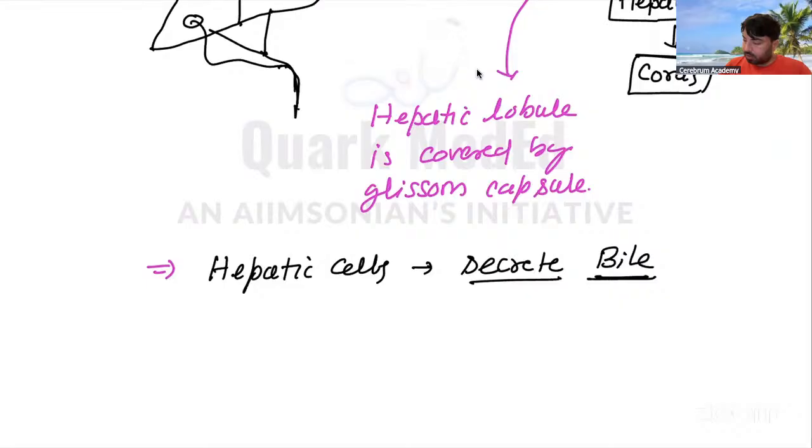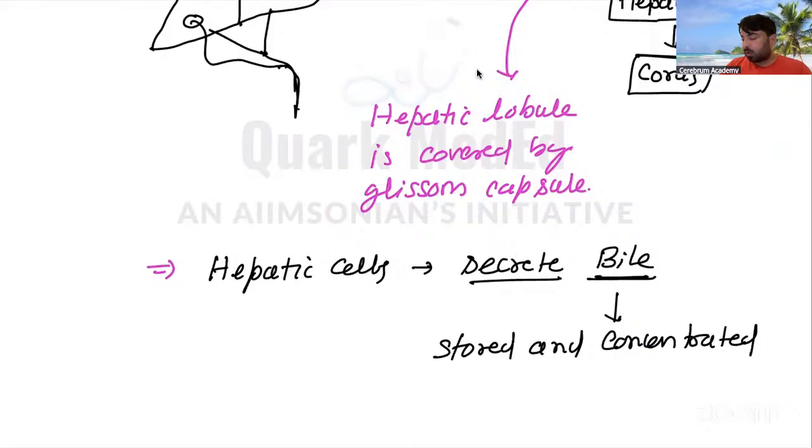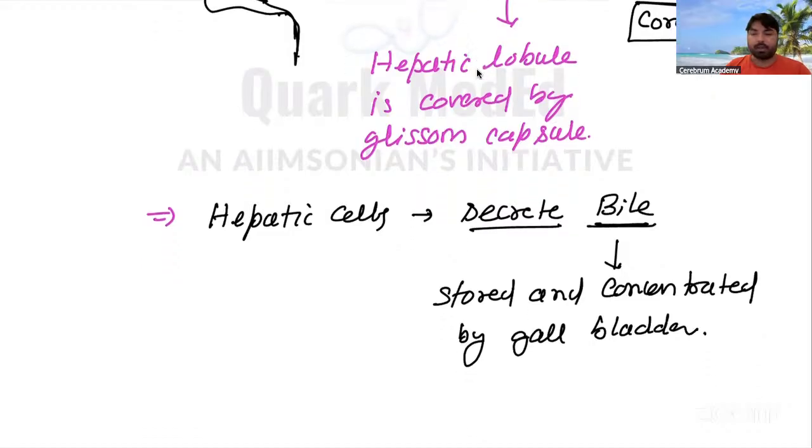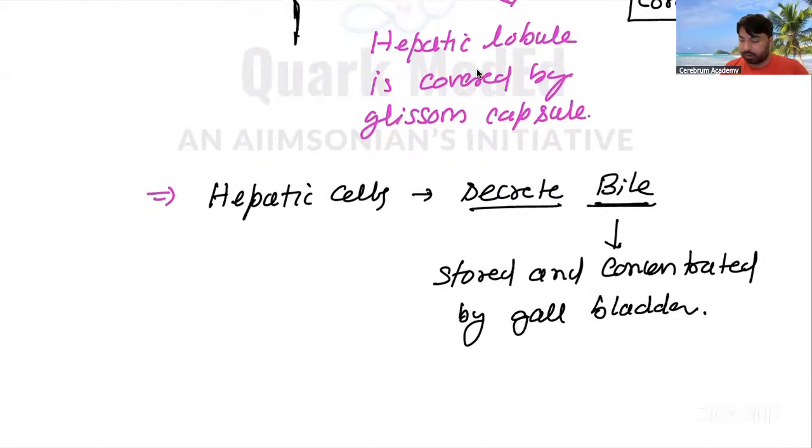Bile juice is stored and concentrated by the gallbladder. In the previous diagram, I have shown you where the gallbladder is. It is below the liver.